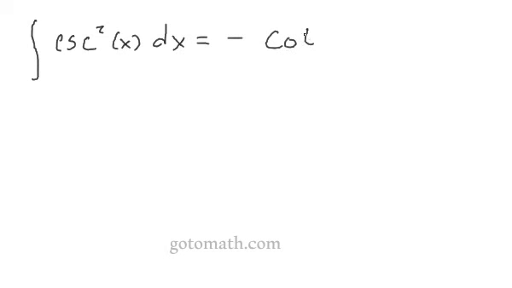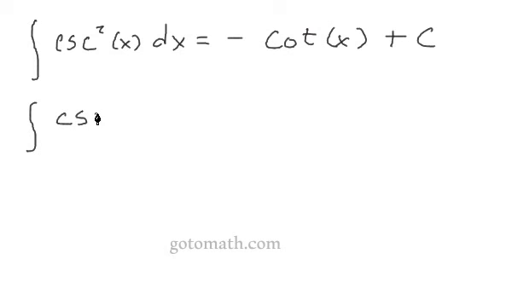All right, we have the integral of cosecant squared x dx. You definitely want to write these down if you don't already have them. It is negative cotangent x. Now remember, don't forget the c. We're going to be utilizing all these.